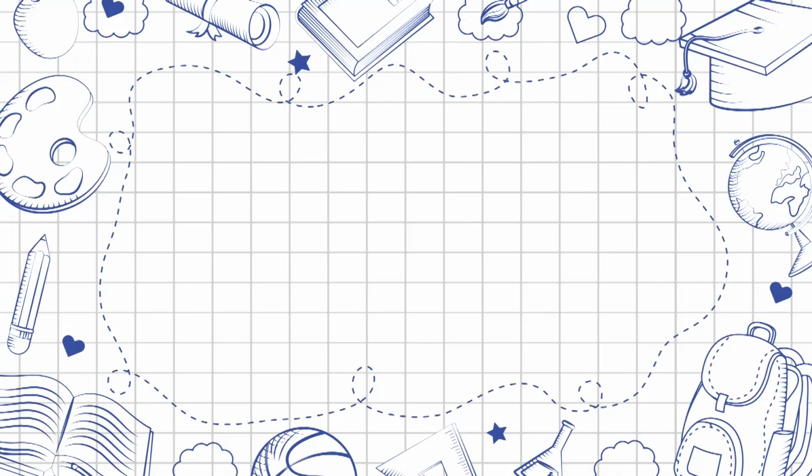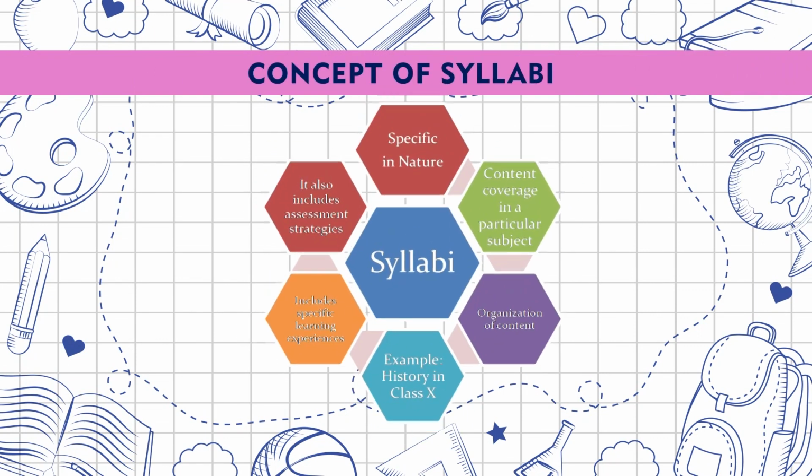Let us go forward to understand the syllabus, also called syllabi. The concept of syllabi is specific in nature, just as curriculum is very general in nature. Curriculum is based upon the aim of education, but syllabi is very specific. Syllabi means we are talking about a particular subject.